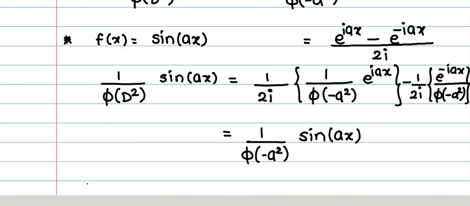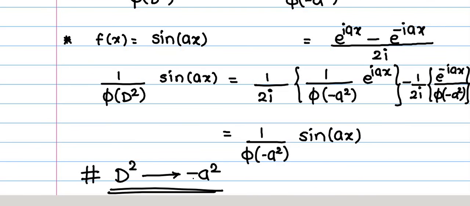So this will be our formula. So we can generalize: the shortcut method formula to find the particular integral is to replace D square by minus a square. Always remember this negative term; a is taken from the coefficient of x in the trigonometric function.